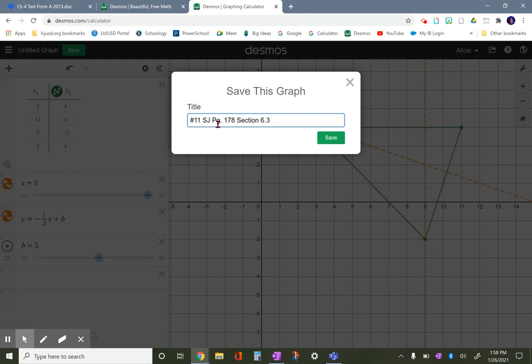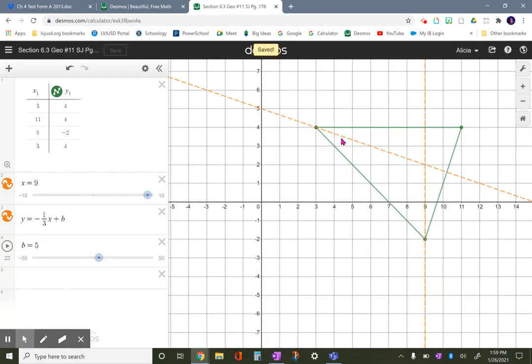That's a really crazy name, but you can name it whatever you need it to be named, and save it. The only way that you can save it is if you're logged into Desmos, which you can log in using Google, just like we have for any Desmos assignment that we may do in class. Okay, and that's my video.